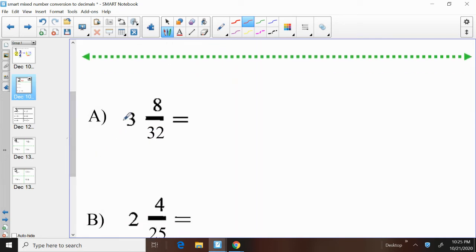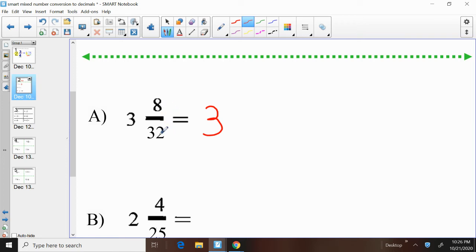Scroll down here. 3 8/32 becomes what? Again, we're going to keep our whole number. So we're going to keep that 3. And then we're going to take the fraction and convert it to a decimal with division. Numerator divided by denominator. 8 divided by 32.